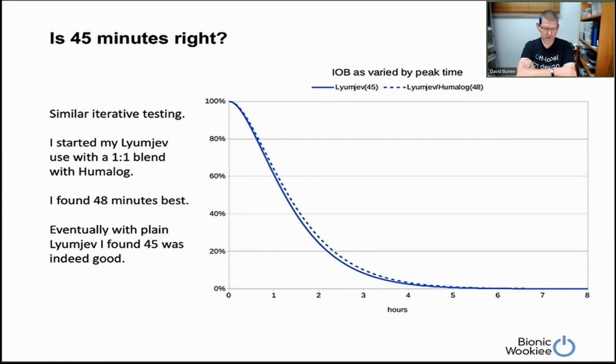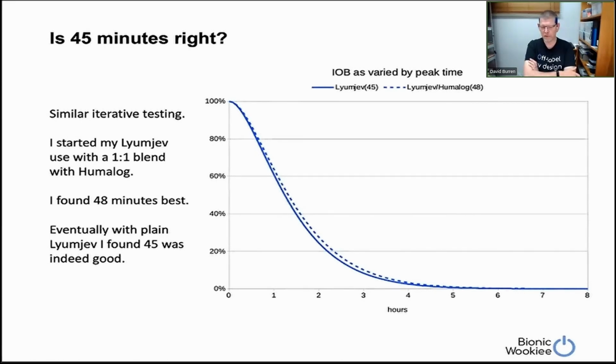Now, it used to be with Fiasp, people said, all right, let's try Fiasp and Novorapid. Oh yes, I don't get as many reactions. It still seems to be fast, so let's just use it at 55 minutes like we do with normal Fiasp. That's what they used to do. I thought, in my experimentation, I found with this that 45 minutes wasn't exactly right. 48 minutes was best.